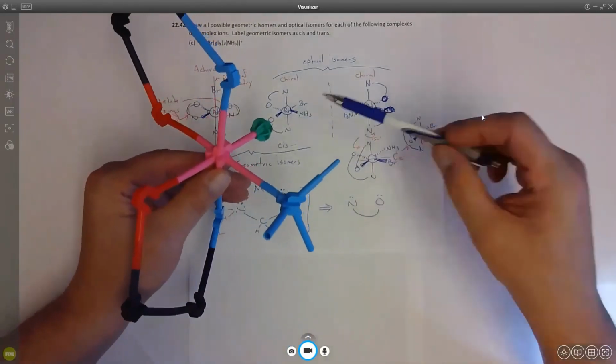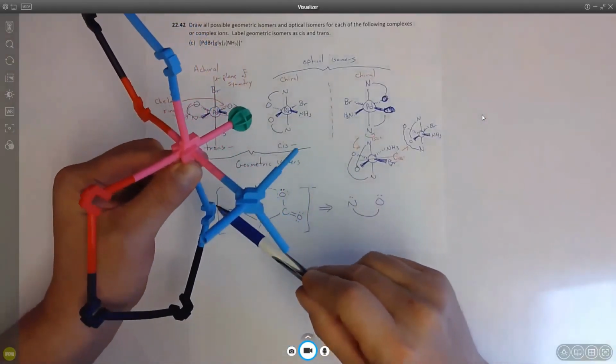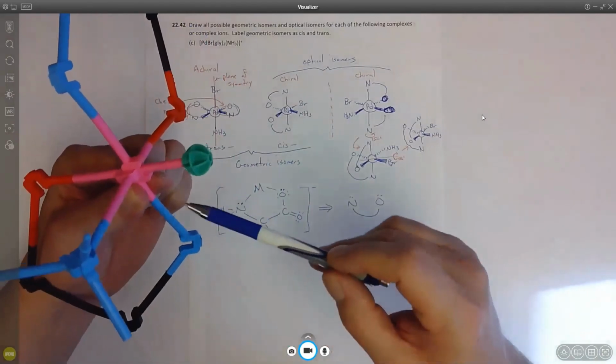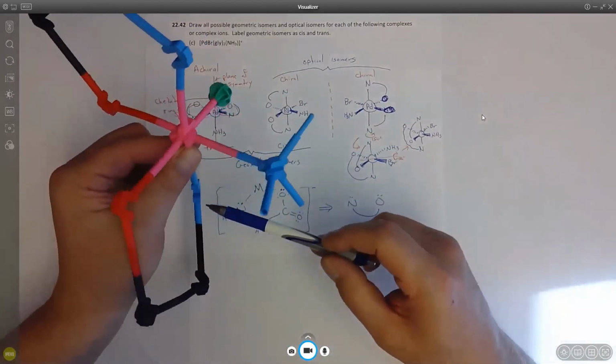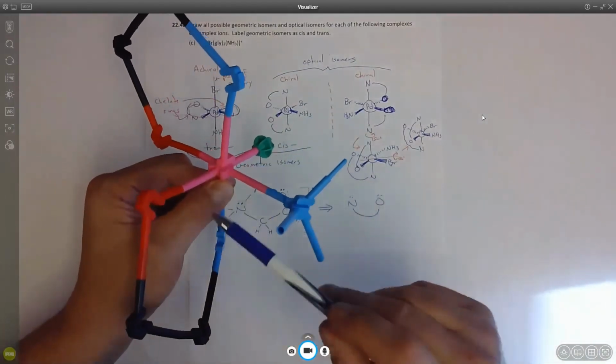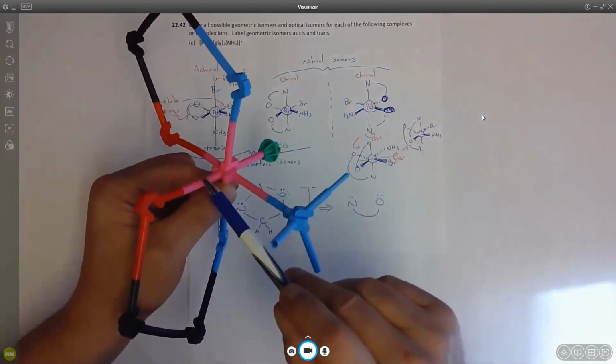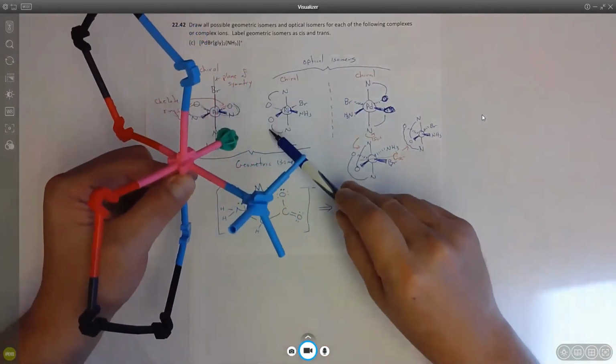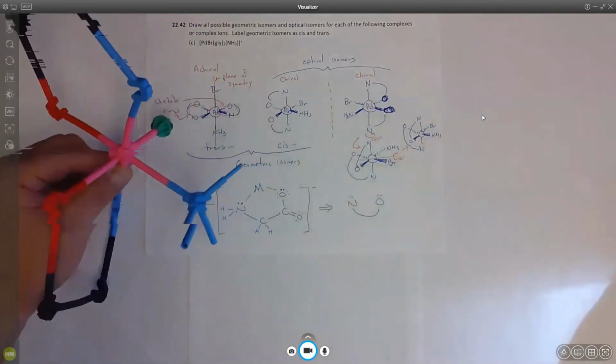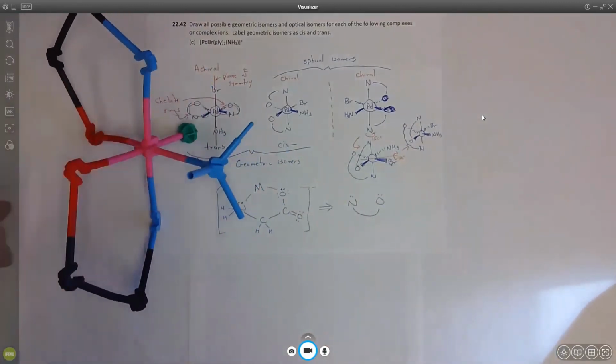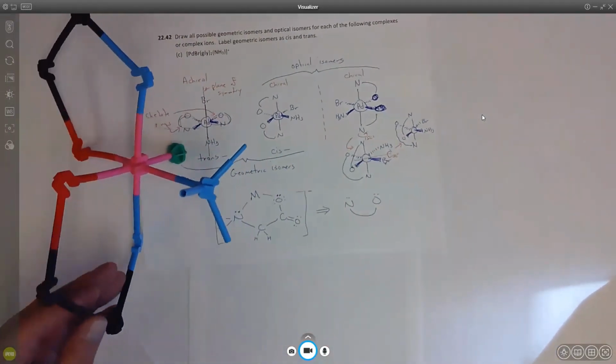And then on this side coming down, we have the nitrogen, right? So we have the nitrogen coming down, and then again coming out at 90 degrees to the left, we have the oxygen bound on it. So that would be that isomer right there.